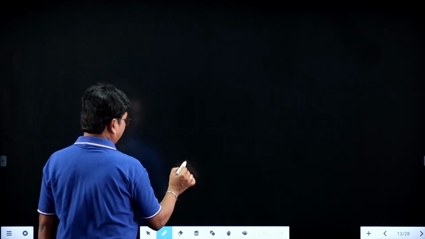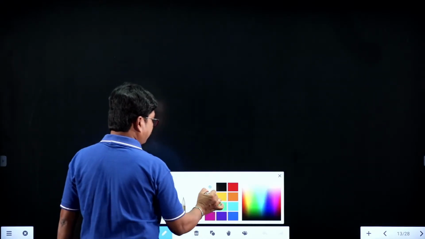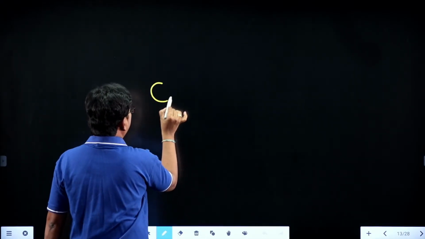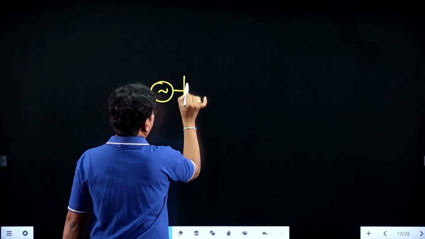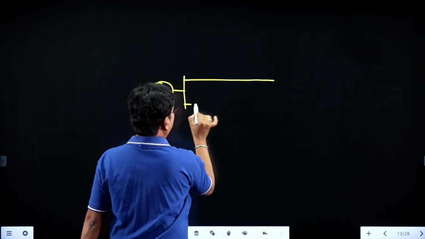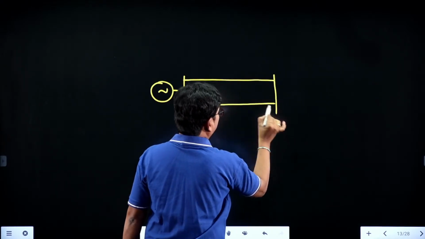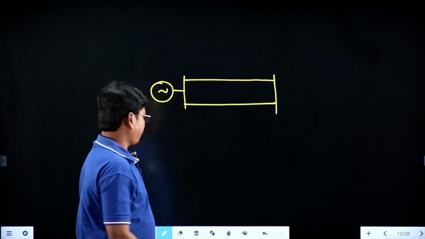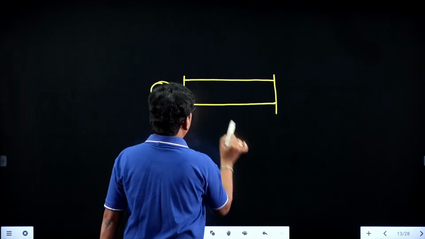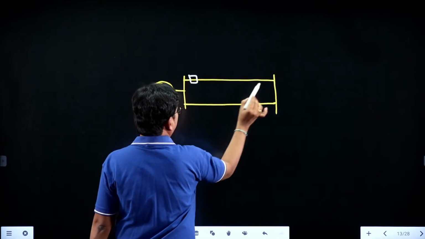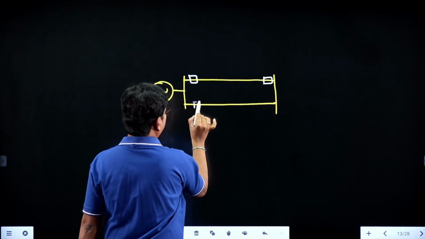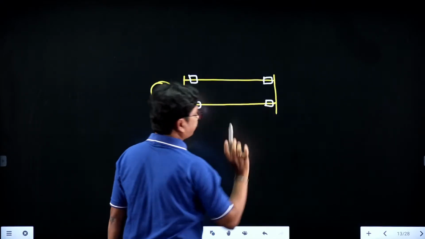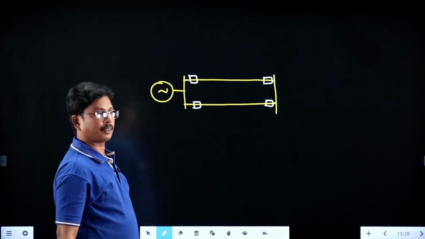See here, whenever you are having a generator here, suppose we are having two parallel feeders like this, and you are having relay 1 here, relay 2 here, relay 3 here and relay 4 here. We are having the 4 relays here.